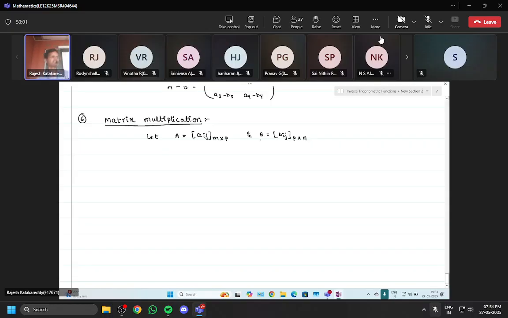I can see that the number of columns in matrix A is equal to the number of rows in matrix B. Then AB is a matrix.